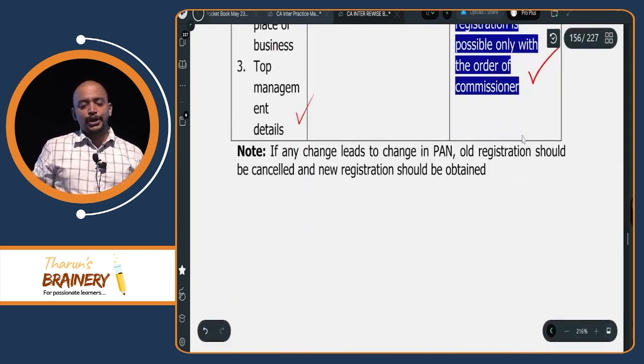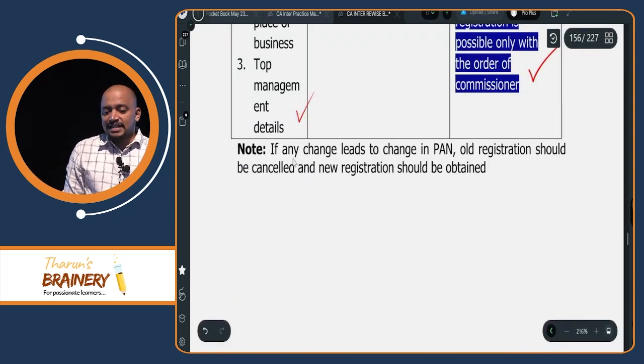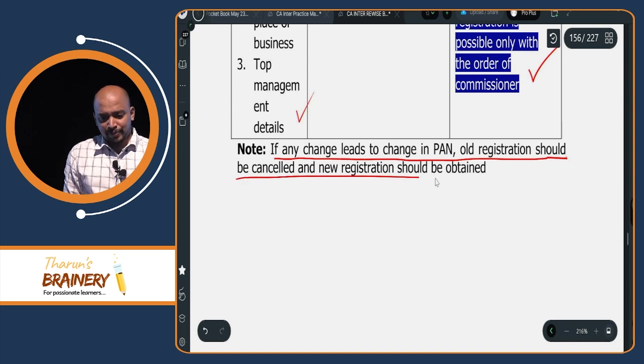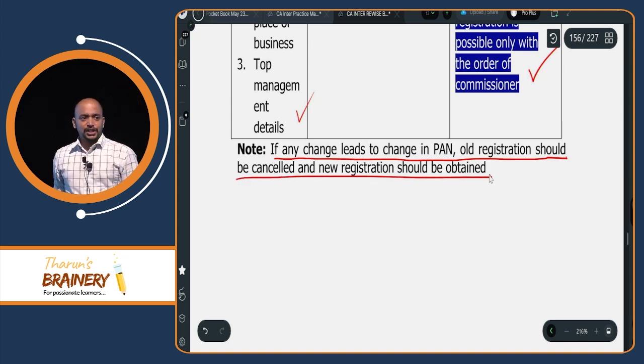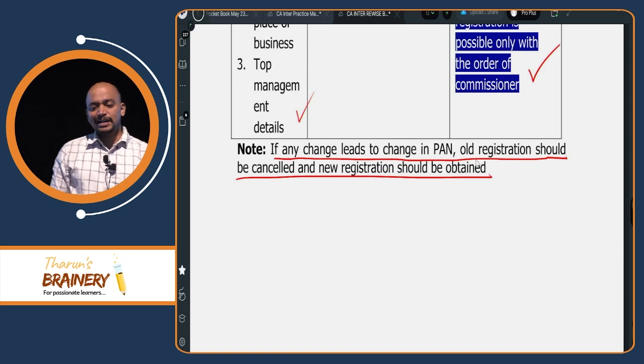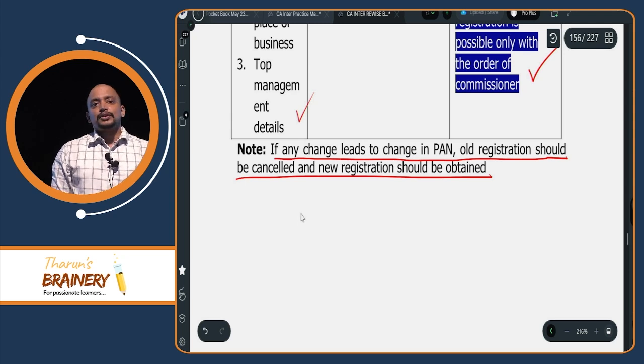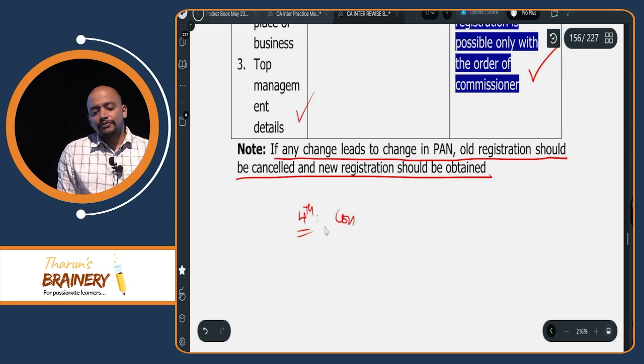Also, one important point you need to remember: if there is any change that leads to a change in the permanent account number, then the old registration should be cancelled and a new registration should be obtained. That is, in your permanent account number, the 4th digit is actually the constitution.